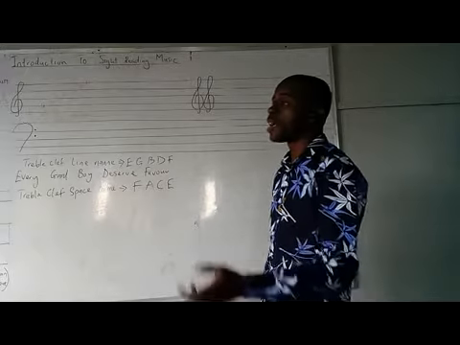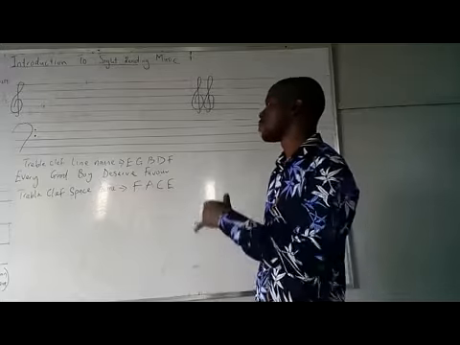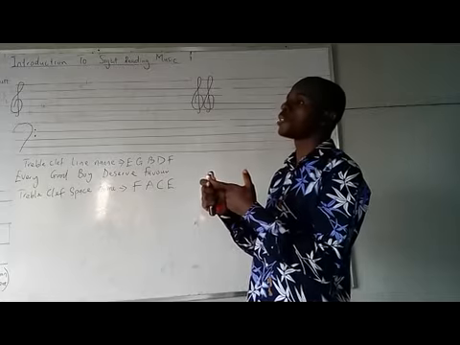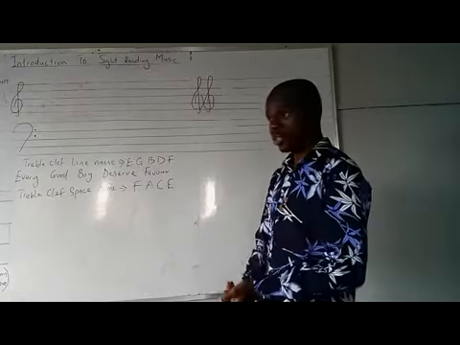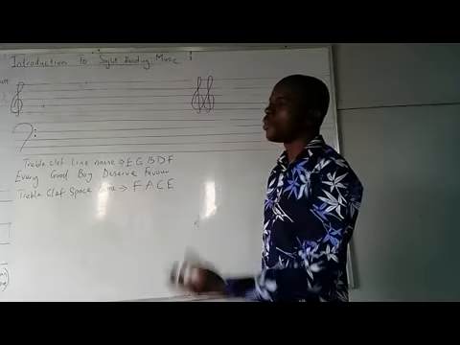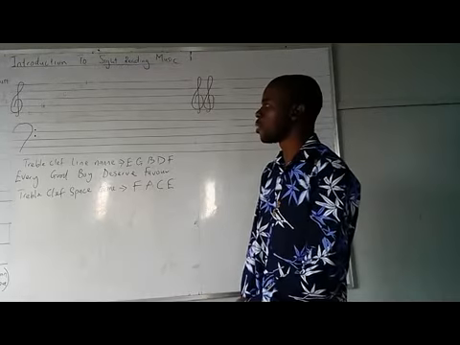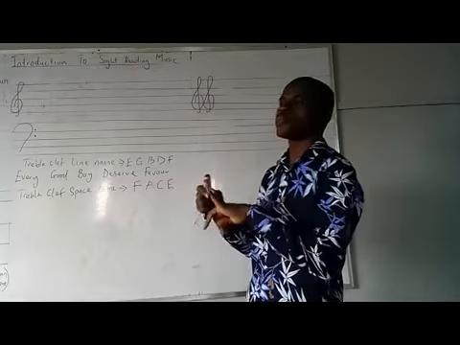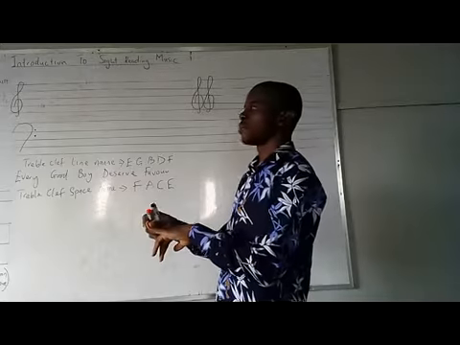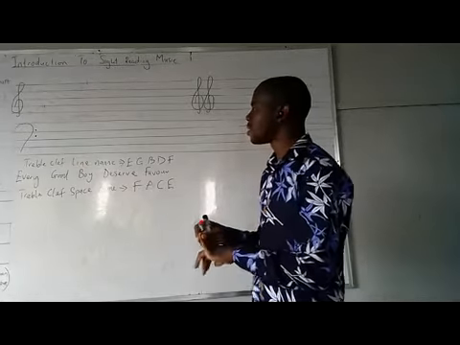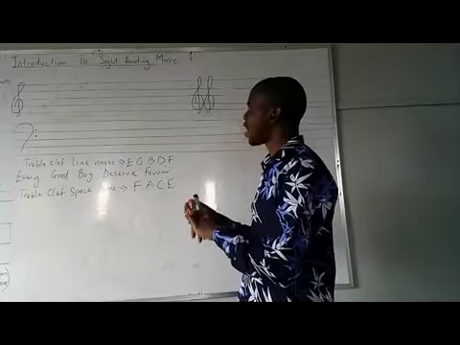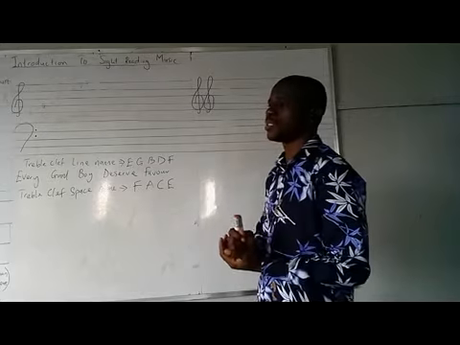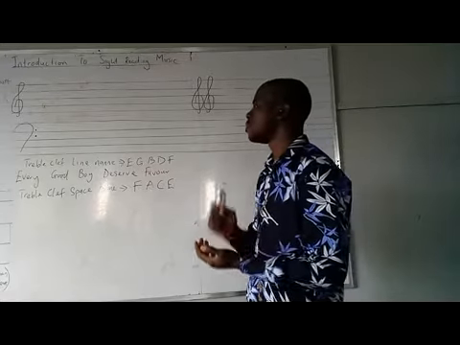Once you remember the acronym, every good, okay, you now say the name of the second line is G. If they ask you again, what is the name of the fifth line of the treble clef? Every good boy deserves favor. That is F. So please get this introduction class very well, because you are going to make use of it in sight reading any sheet music.